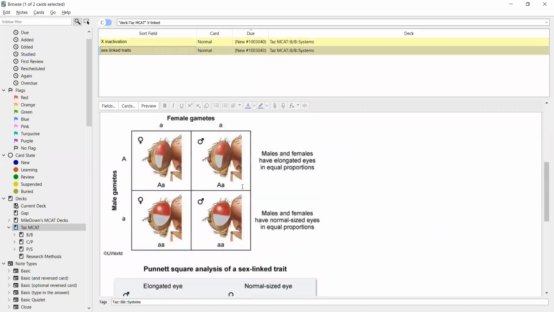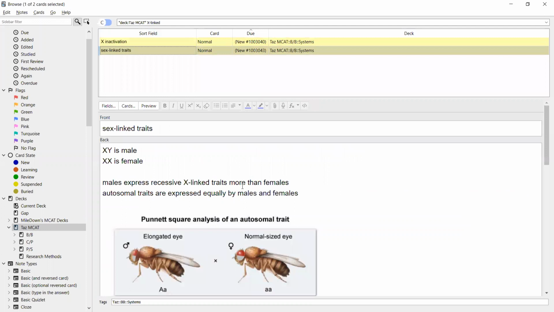Sex-linked traits. Males express recessive X-linked traits more than females. Why would that be? Well, a male is an XY genotype and a female is an XX genotype.